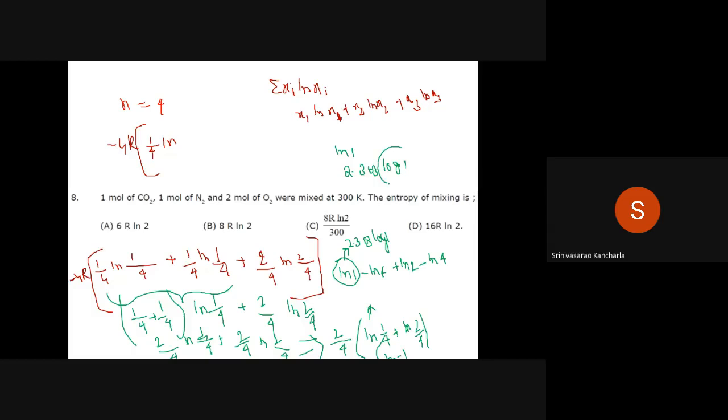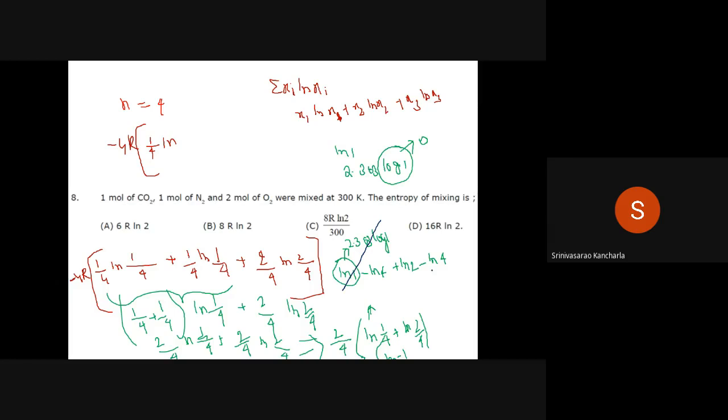And this value we know as 0. Log 1 is 0, right? Any doubt in that? Okay, sir. So based on that I am omitting that first term. This is 0.